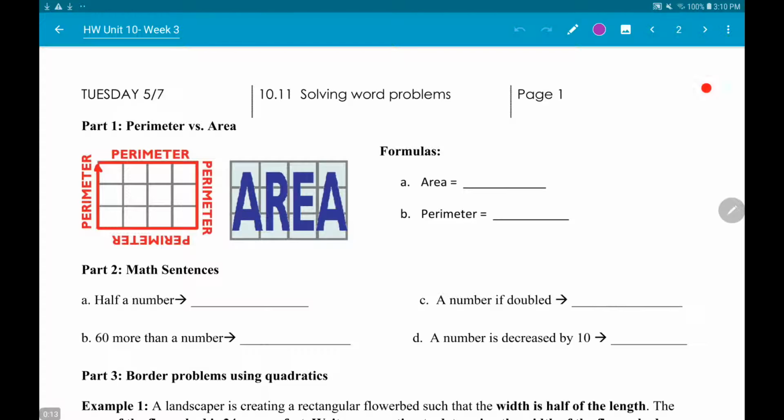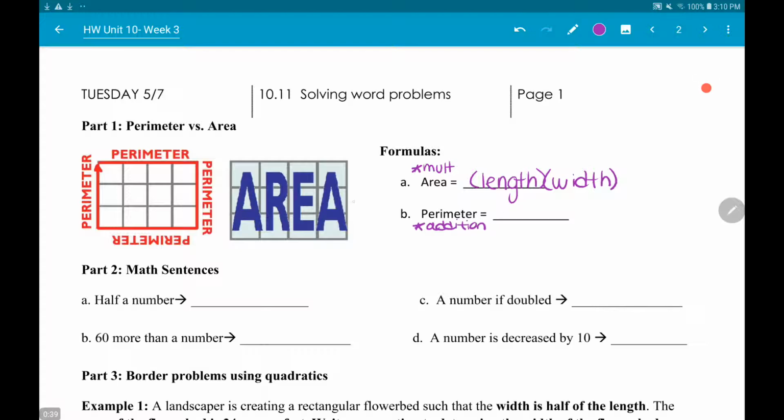So there's two things we want to go over: the perimeter and area when we're talking about a rectangle. The area is when we multiply the length and the width. This is multiplication. And perimeter is addition. This is when I take all four sides.